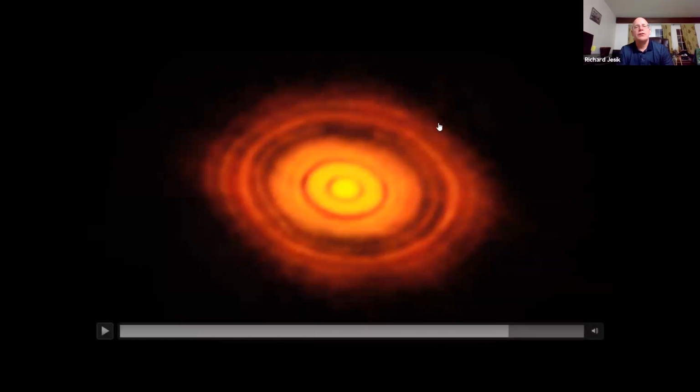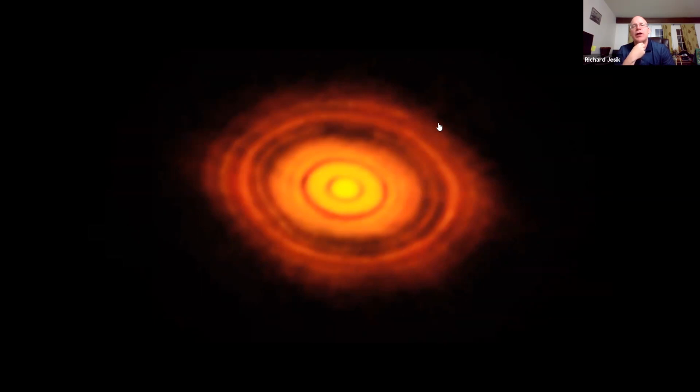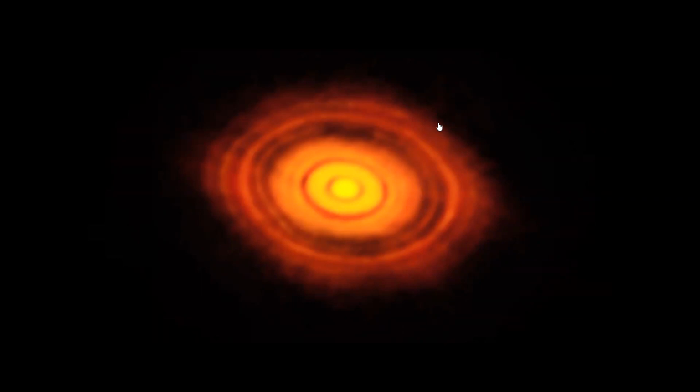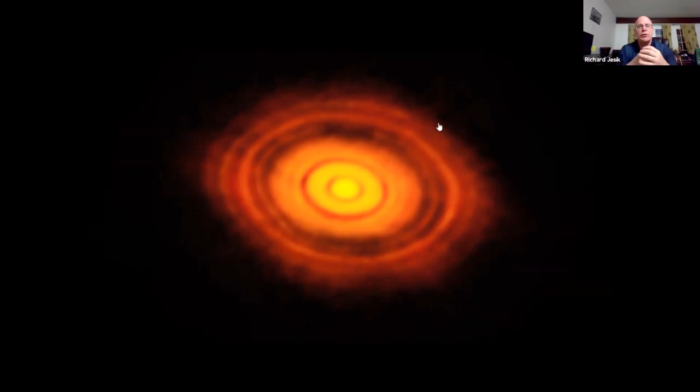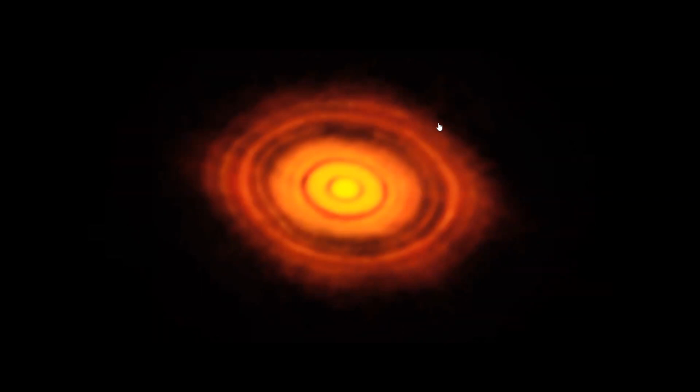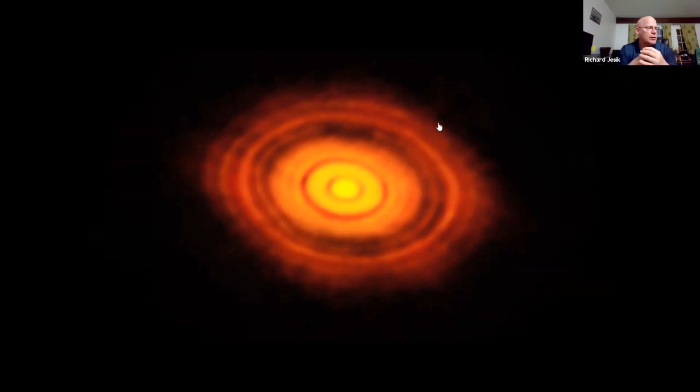So I just saw this question. Red asks, why do they shoot off once created? I assume you're talking about the star formation. Stars, yes, correct. So, again, it's kind of gravity holding it in.